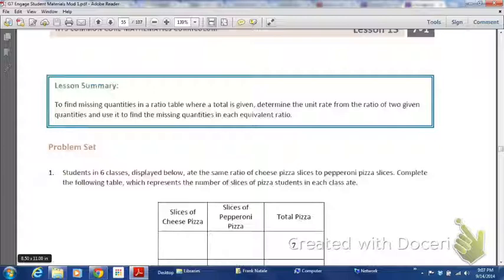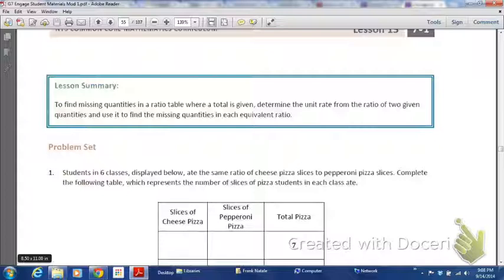Okay? So here's our lesson summary. To find missing quantities in a ratio table, which is what we've been working with, where a total is given, determine the unit rate from the ratio of 2 given quantities and use it to find the missing quantities in each equivalent ratio.